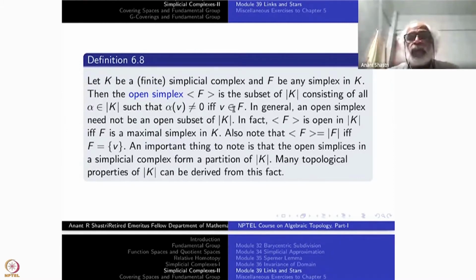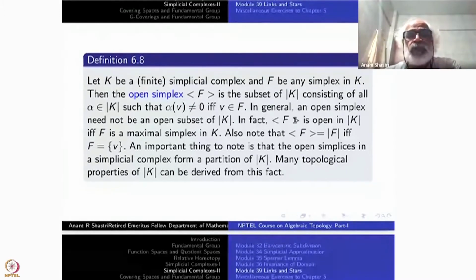That is, alpha v is not equal to 0 if and only if v is inside F. So roughly speaking, inside mod F, which is all alpha such that the support is contained inside F, okay, so this set is actually the interior of that. It may not be the interior of mod F inside mod K. This will be an open set and interior of something, provided F is a maximal simplex. So all this we have seen.